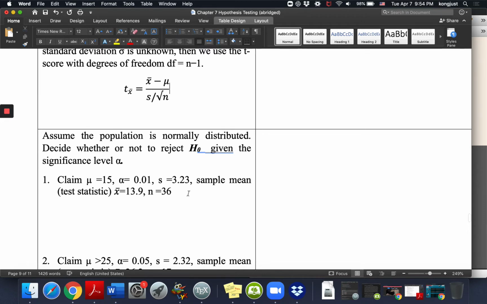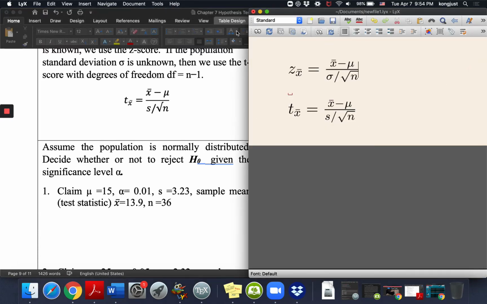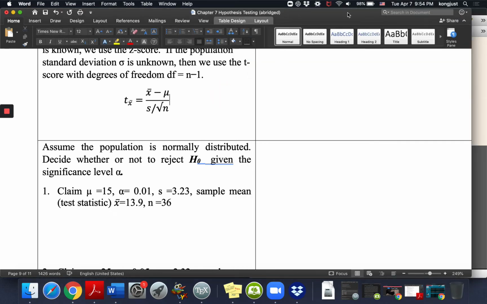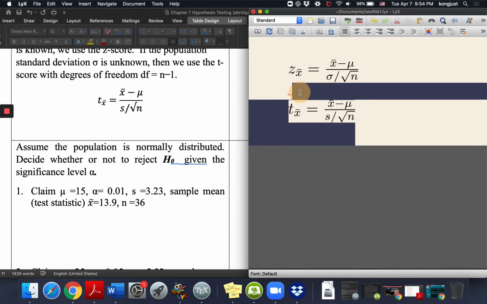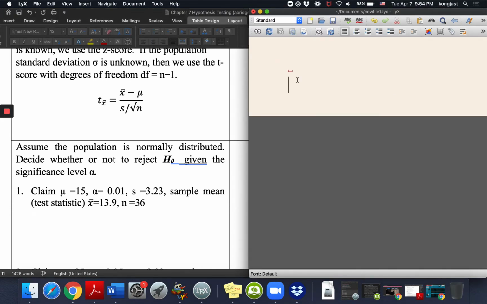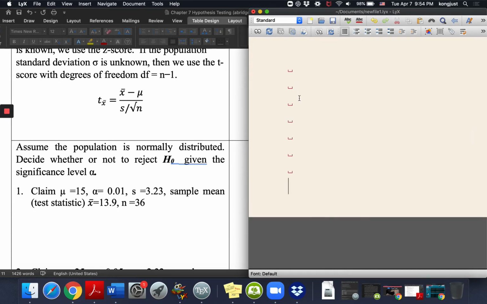Okay, so let's look at what we're given here. In this question, we're given the claim mu is equal to 15. So that will be our H naught. I'm going to use this right-hand side for my equation editor, so I'm going to shift this slightly over and use this as my notepad. Just ignore these lines, a peculiarity of this text and equation processor.